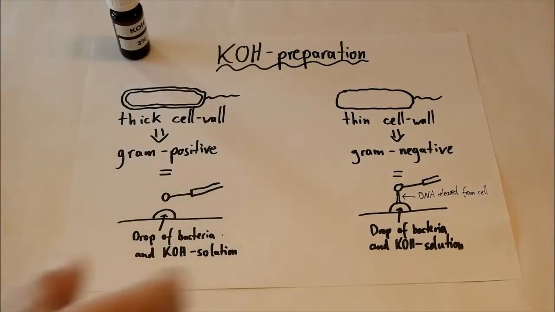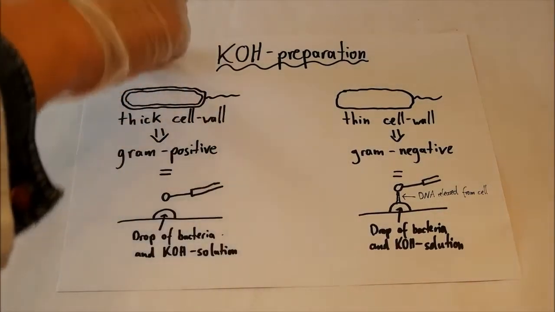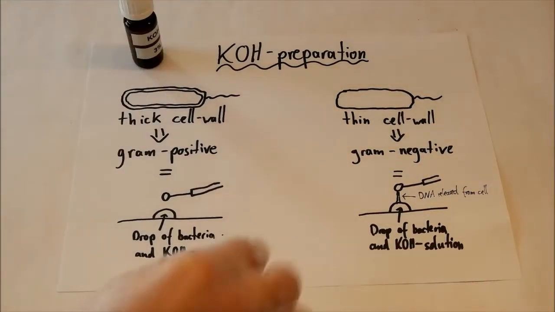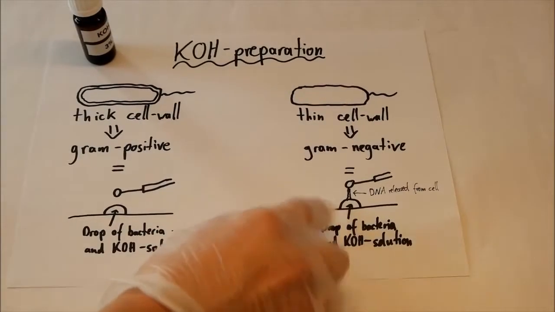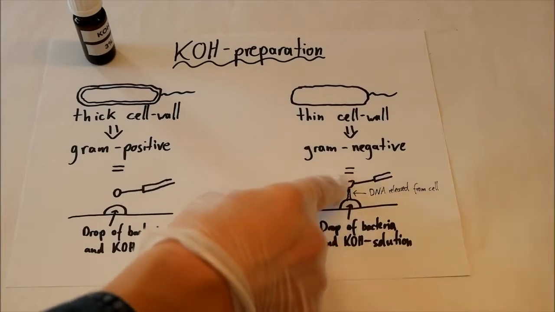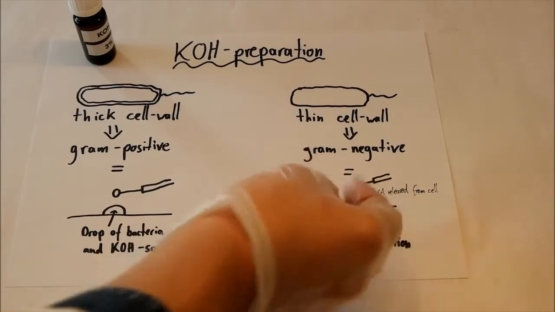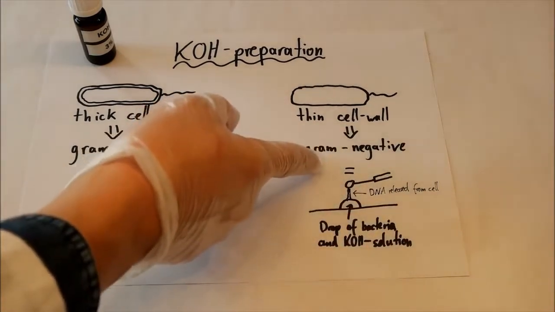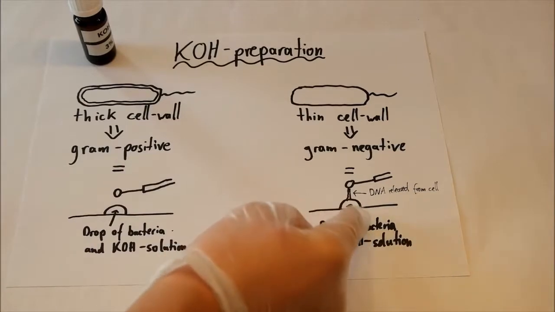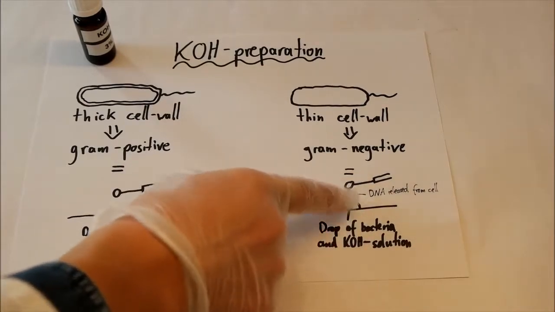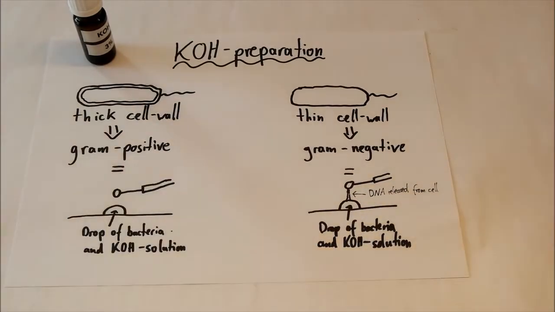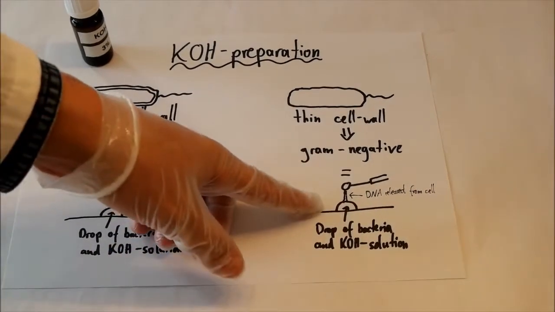So if you put a drop of the potassium hydroxide solution on your bacteria and you stir it very well, and then you take your inoculation loop and take a piece of the drop up, there will be thin lines of DNA between the loop and the drop of bacteria and potassium hydroxide.